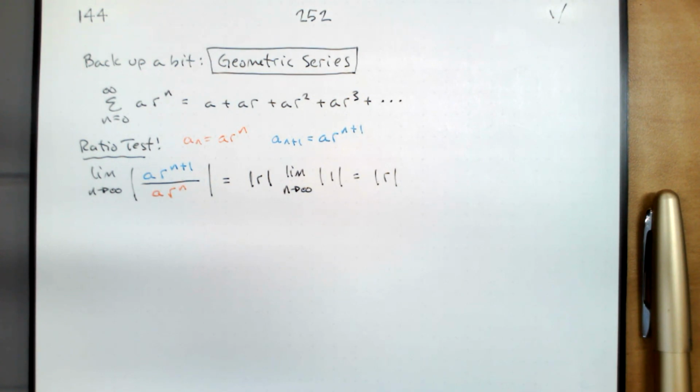So just like our experience from the ratio test told us that the limit from the ratio test was going to be the absolute value of r, here we are making sure that that works out. The ratio test says the series is absolutely convergent if the limit from the ratio test is less than 1.